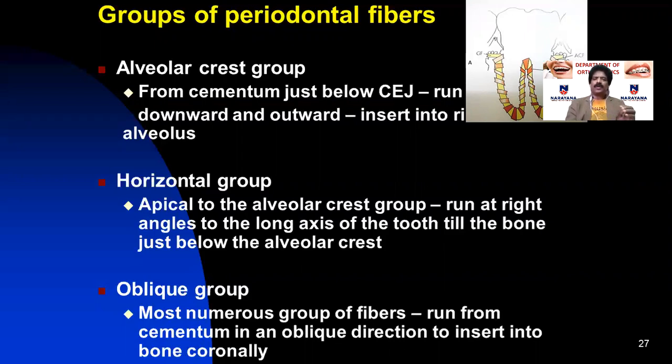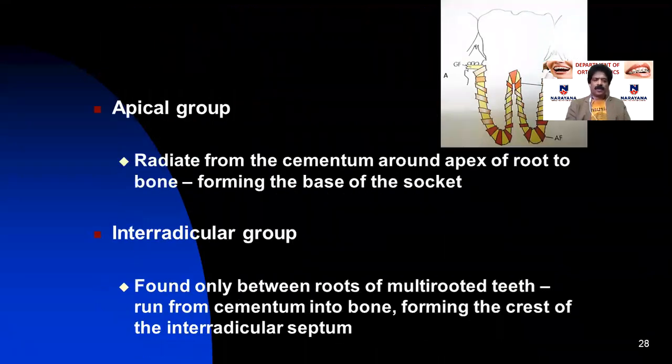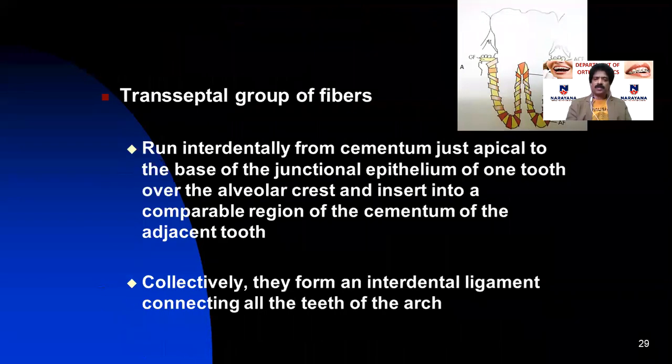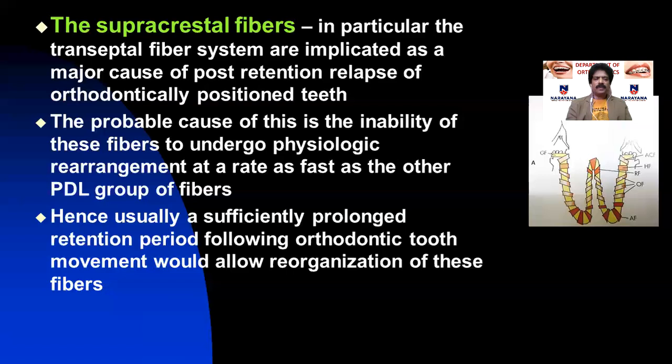Whatever you do, there is some amount of relapse, but the relapse can be minimized. Relapse will be very, very minimal if you do all these periodontal procedures properly, then let the tissues reorganize. Till then, you need to keep the retainers.